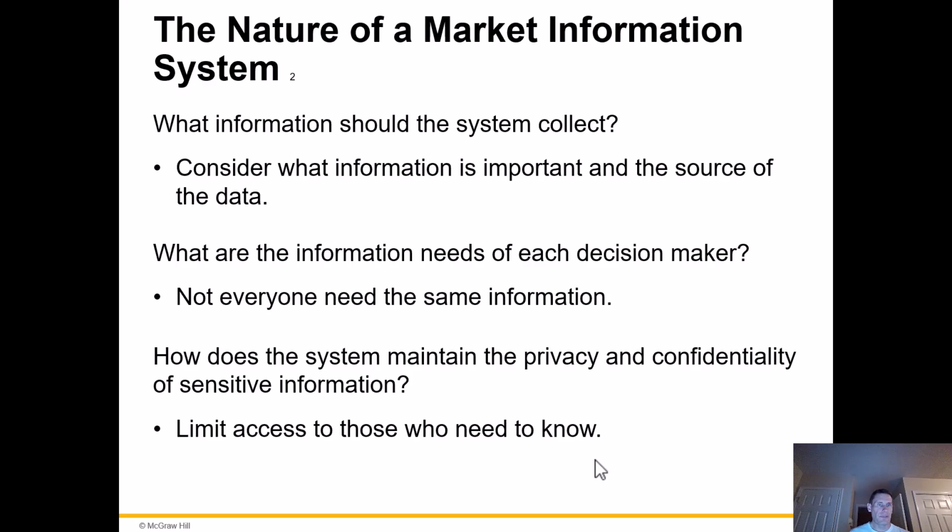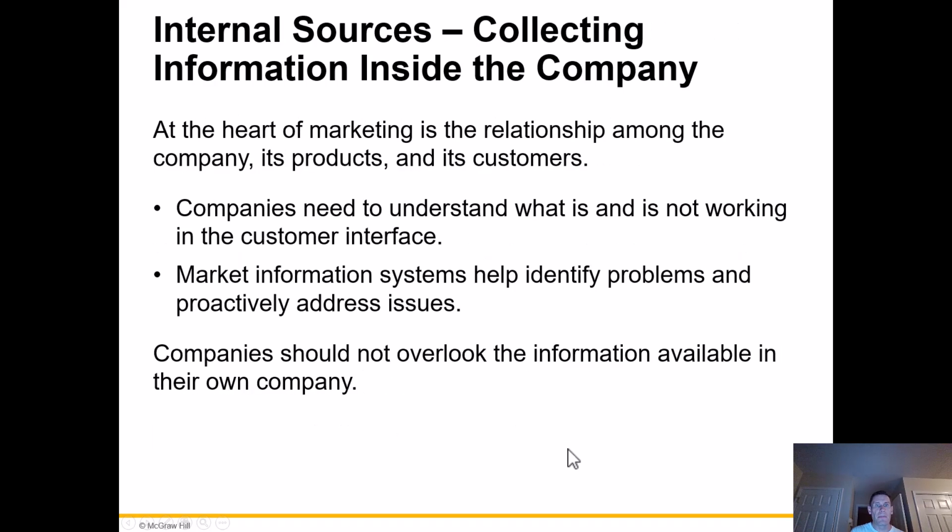And of course, what information is important is going to be determined by the company. What are the information needs of each decision maker? Because obviously, not everybody needs the same information. And how does the system maintain the privacy and confidentiality of sensitive information? So how do we limit access to those who need to know? We really could say a need to know basis.